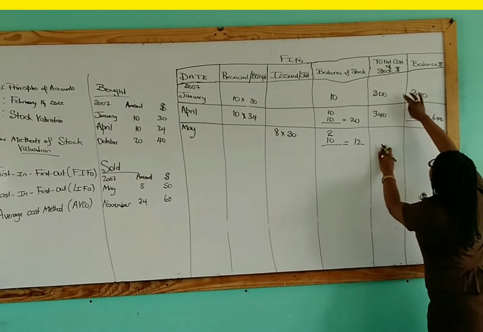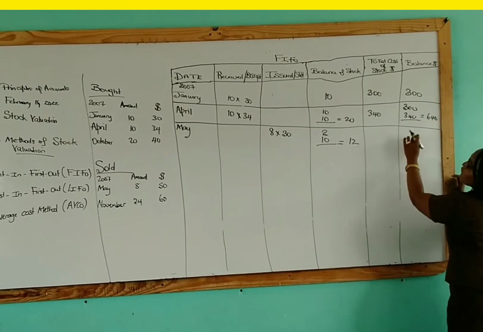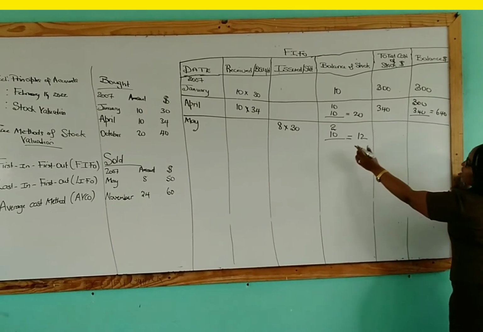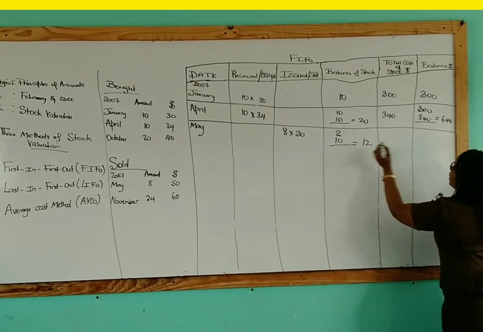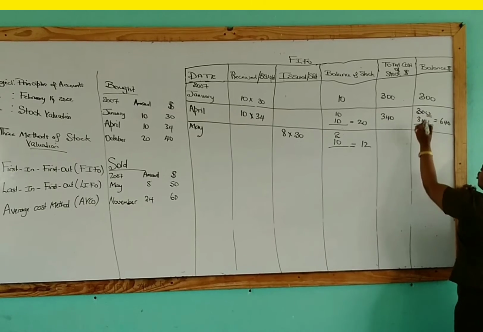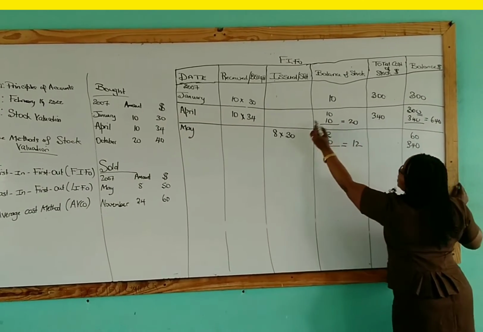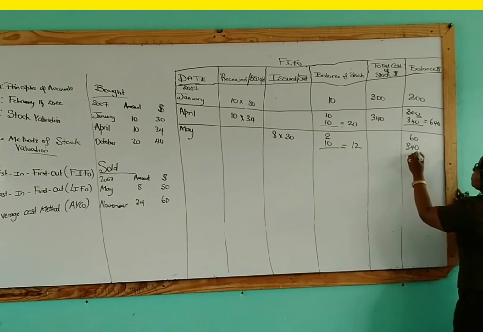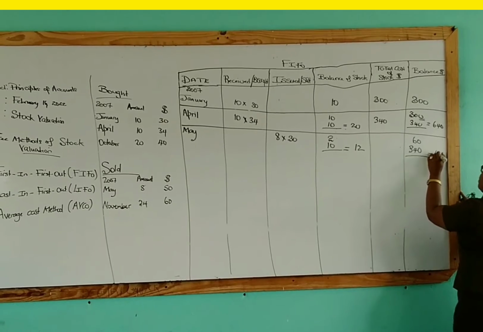For the total cost, we did not buy anything, so we don't have anything here. What we have here is 2 times 30, which is $60 remaining out of this 300, and we still have the 340 for this 10. So our value of stock in here is 400.